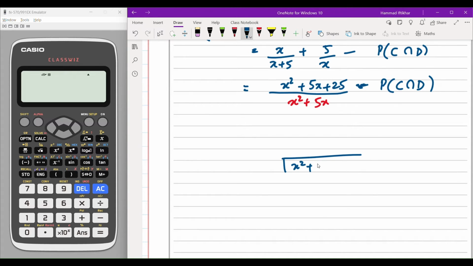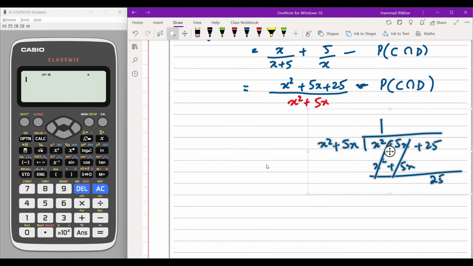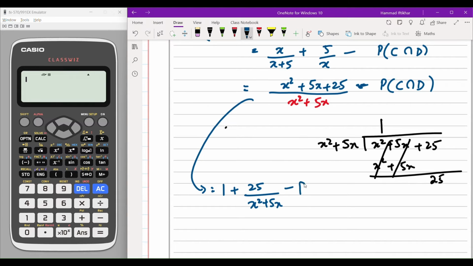So we have x squared plus 5x plus 25, we have x squared plus 5x. So 1 x squared plus 5x, we get 25. So 25 is the remainder over here. Okay, so I'll keep this separate in a different color. And then we'll come back to this as 1 plus 25 over x squared plus 5x minus probability of C intersection D.